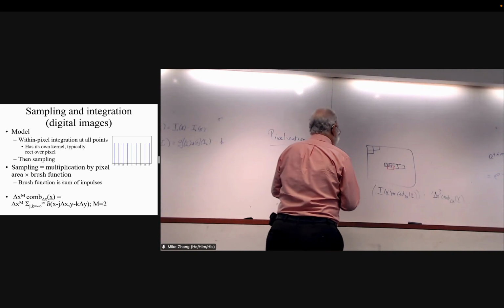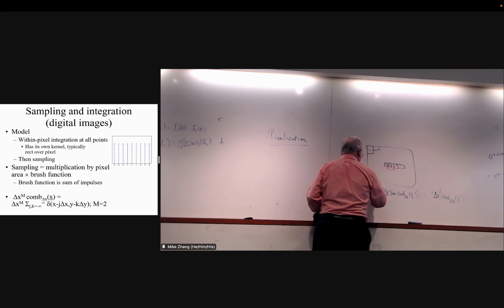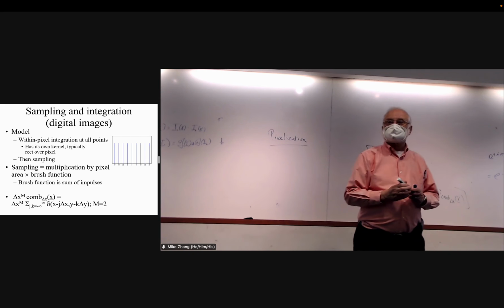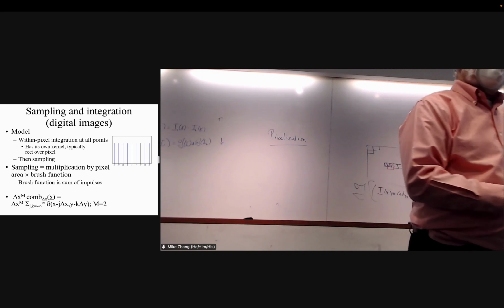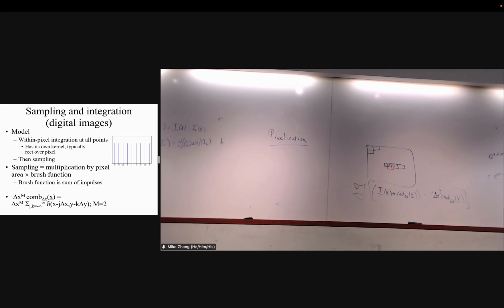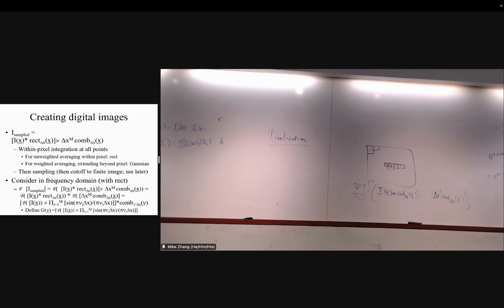And so we're going to be interested in the Fourier transform of this whole thing, which is convolved with a rect and multiplied by a brush. Well, we've already seen what's going to go on.